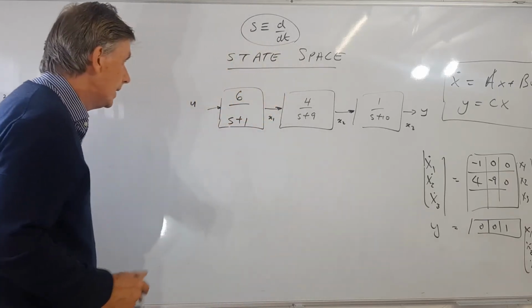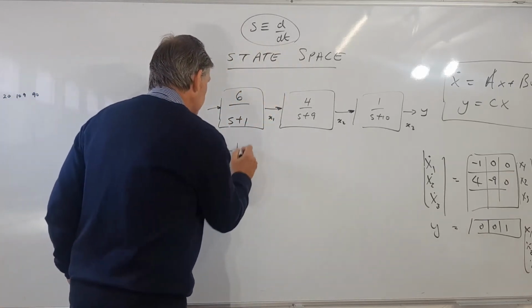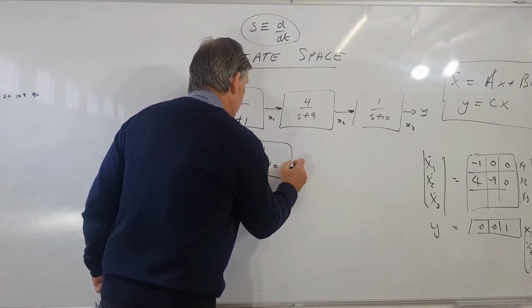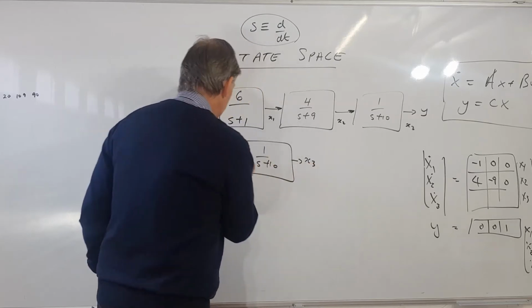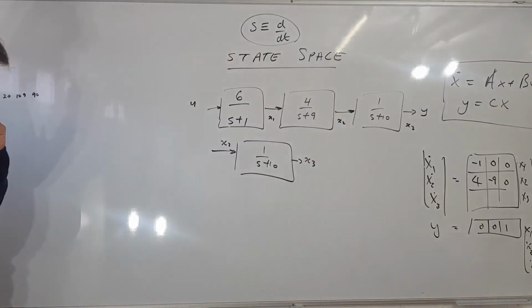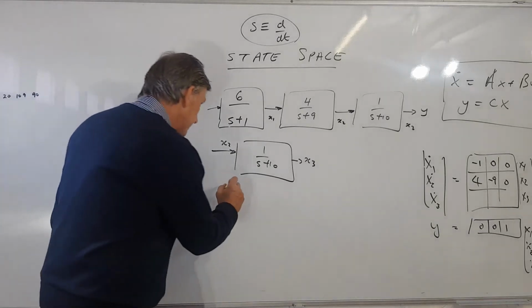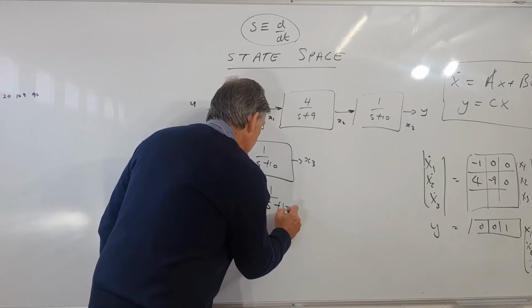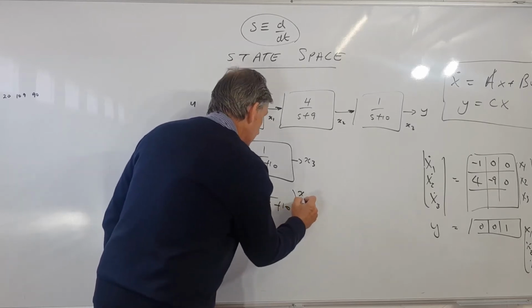And the last one is going to be 1 over s plus 10, x3 coming out, and we've got x2 going in. So we can say that x3 is 1 over s plus 10 times x2.